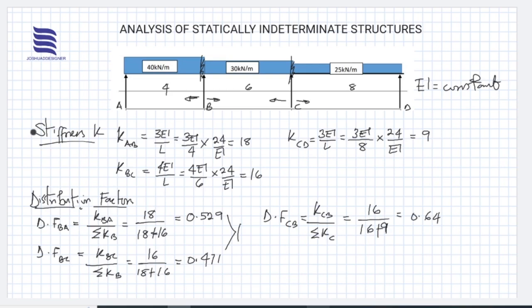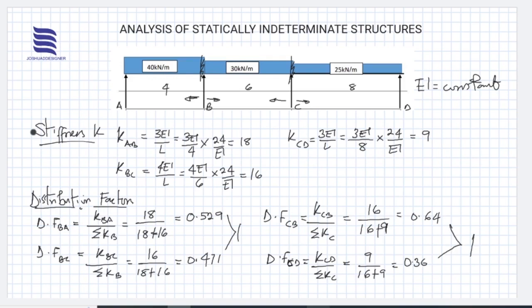So the distribution factor of CD will be KCD divided by the summation of stiffness at C. So that would be 9 divided by 16 plus 9. So we have 0.36, right? In addition, you discover that we have a value of 1.